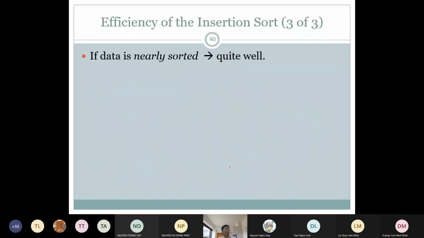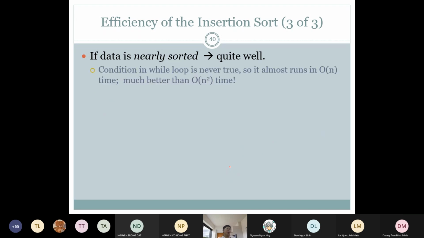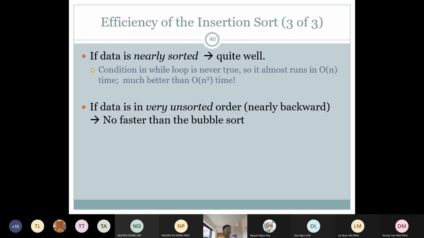If the data is nearly sorted, it's very good, because we don't have to compare many things and we don't have to copy many times. You see that the condition of the while loop is never true and we almost run it n times. Of course, if it is unsorted, it is no faster than bubble sort.